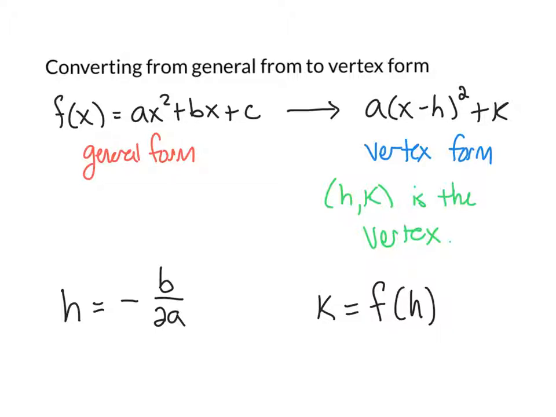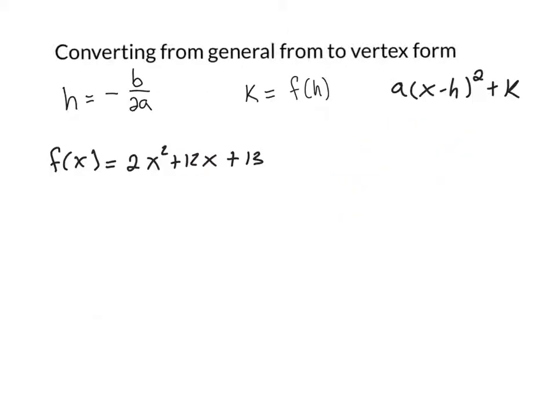For the rest of the video, I just want to walk us through two examples. So I'm going to take an opportunity to clean everything up, and we'll come back with an example. All right, so we're back, and I have an example for us here. My function is f of x equals 2x squared plus 12x plus 13, and we can see that it's in general form.